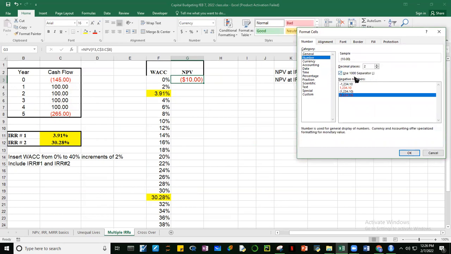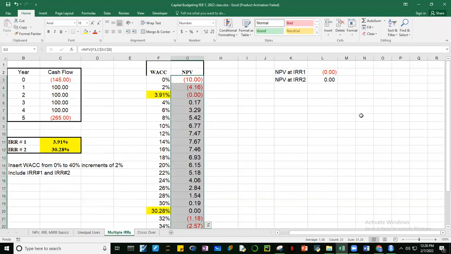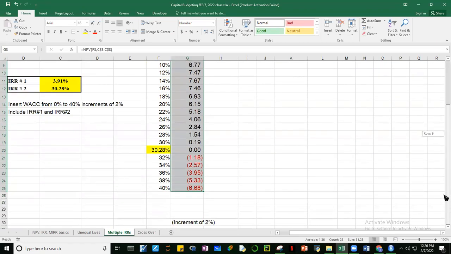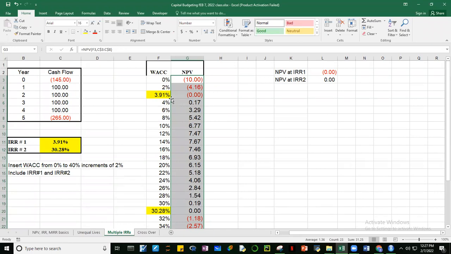Number na lang, number. Okay, then we can click this down. Yan. Okay, take note guys that at the IRR, itong 3.91, 0 yung NPV, di ba? Ganun din si 30.28, 0 din siya. Okay, so let's now plot this.